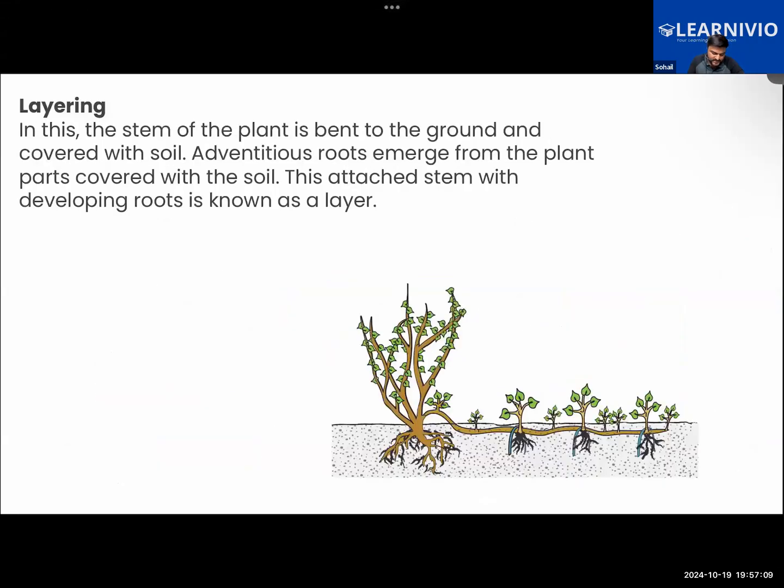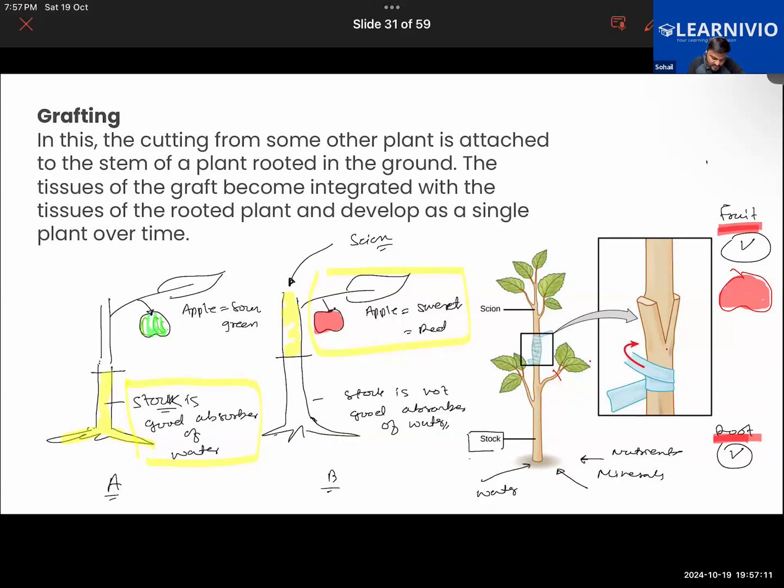So let us understand some of the advantages of this. In a small bracket here, I'm going to write down the advantages in short. The first advantage is that it offers resistance towards different kinds of diseases.